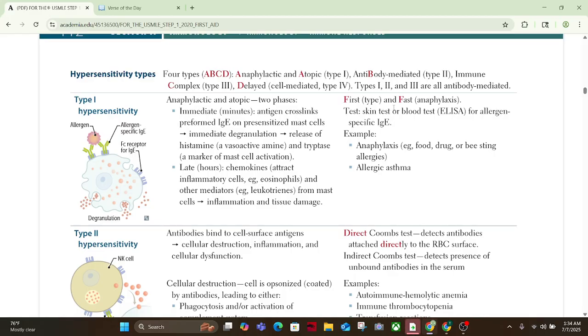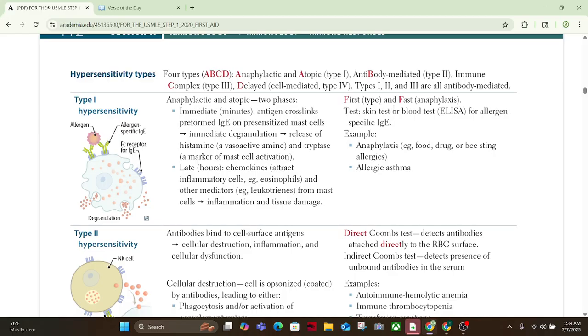So basically, first you see if the patient's blood will stick to the peanut coated plate, and if it does, you add another antibody that binds to the IgE already on the plate, and this special antibody has some kind of enzyme on it.